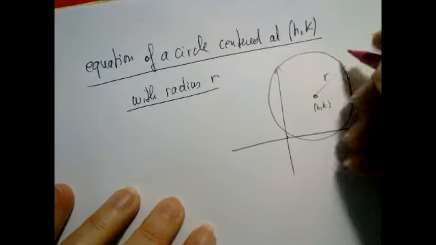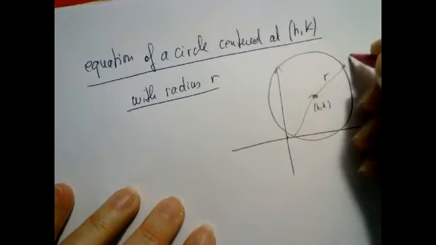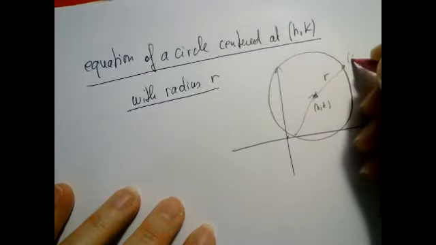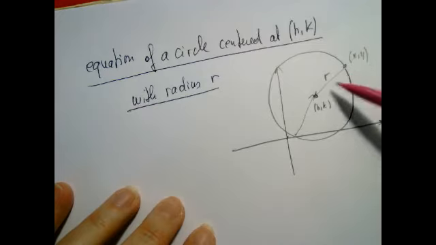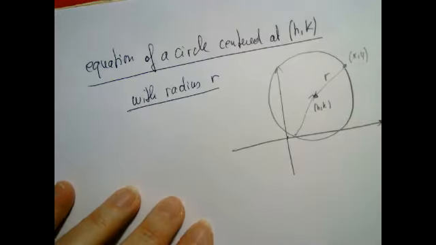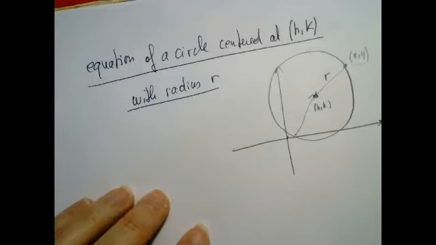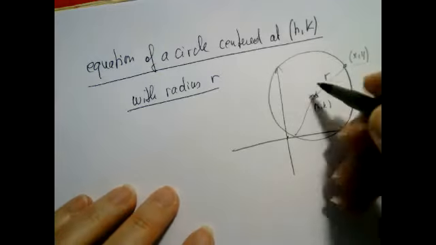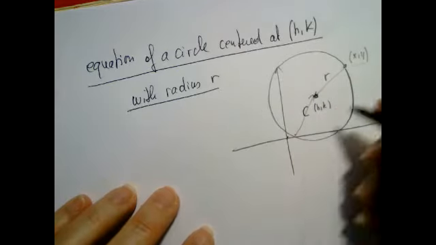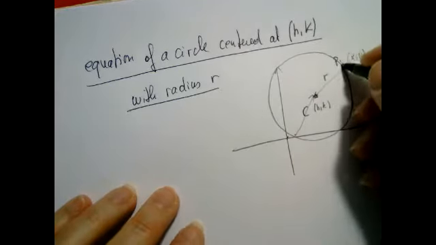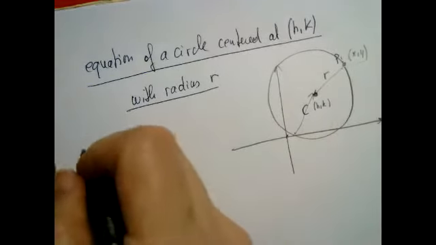And the question now is the following. If I take any point, so there are a lot of points, if I take any point on the circle here, any point, what's going to be the equation that relates the x and the y? How is it going to change? So I'm going to call C the center. C stands for center. And I'm going to take P to be (x, y).